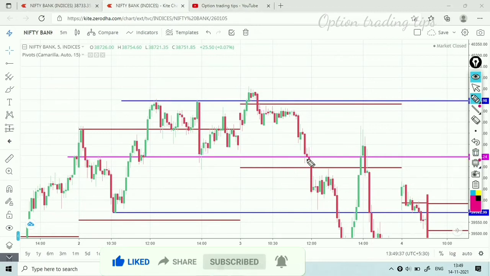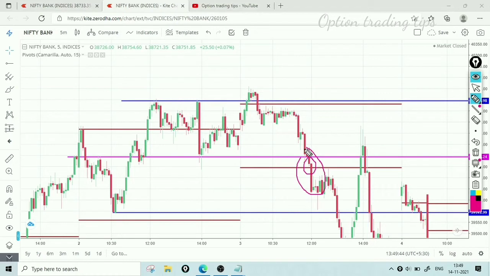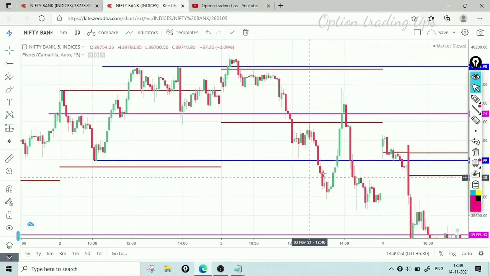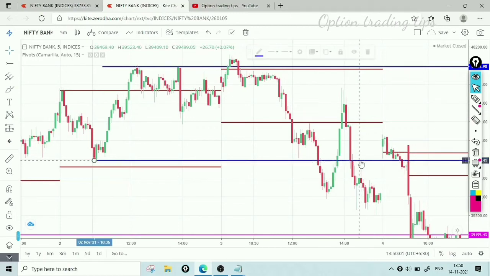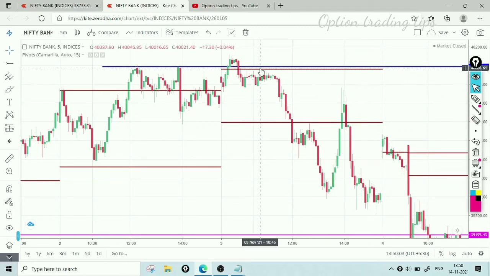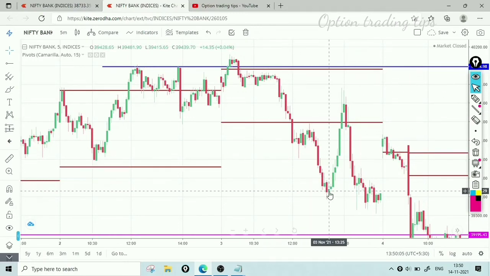After breaking this support also, it moves near the next line. So here the breakout will happen. At the end of the day, I remove this line. Once again, this line is also broken. So at the end of the day, I remove these two lines. But here the huge rally happened, from here to here.